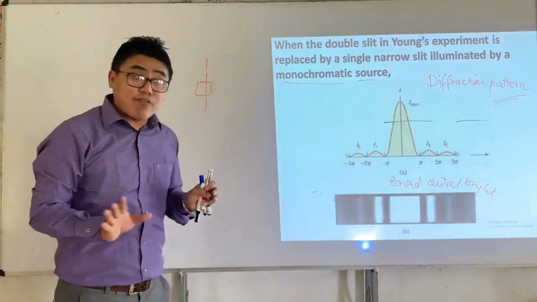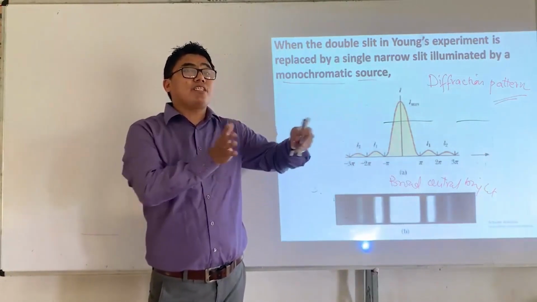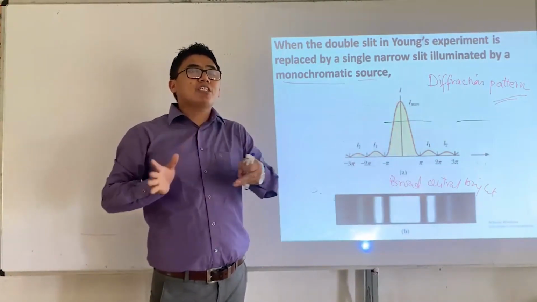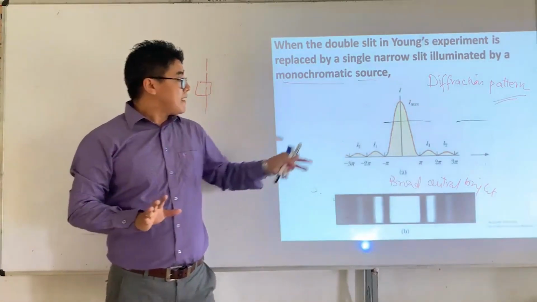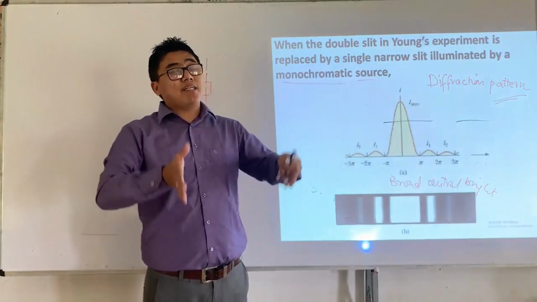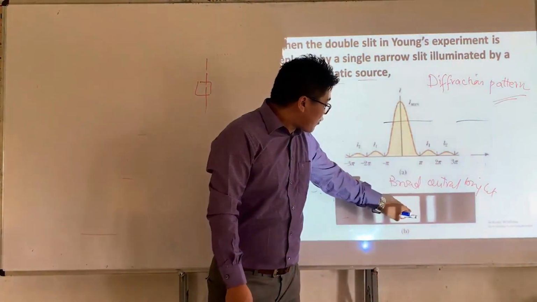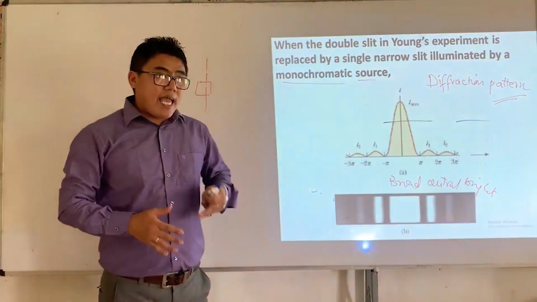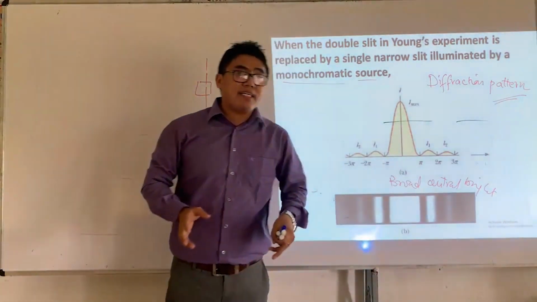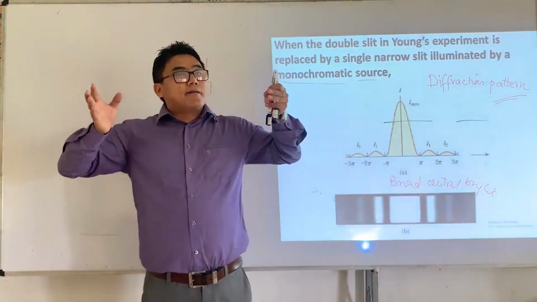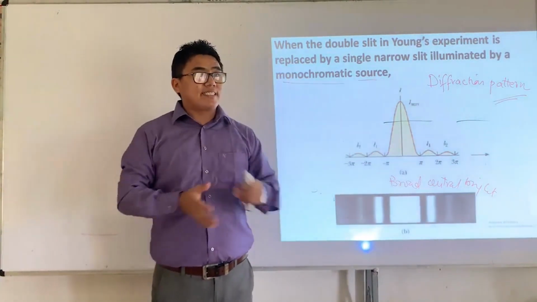So this is very different from the interference pattern. In interference patterns, the fringes are equally spaced. However, in this case, the fringes are not equally spaced. The central bright is very bright, and as you go away on either side of it, the intensity of the bright fringes goes on decreasing.